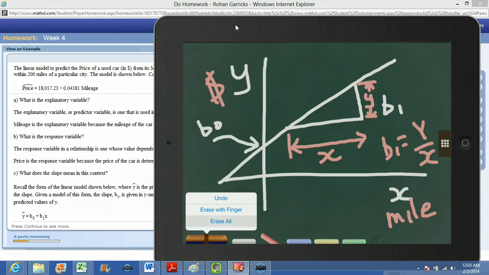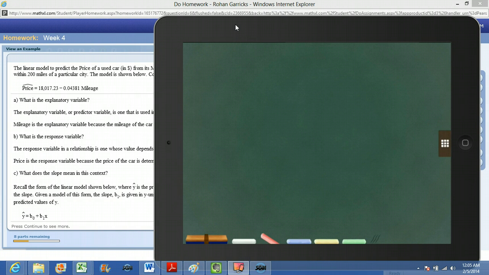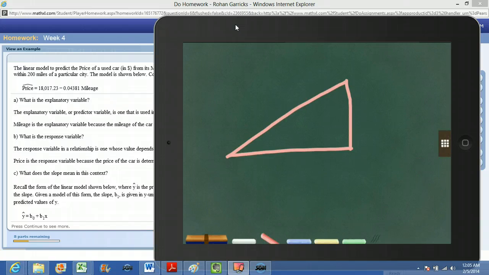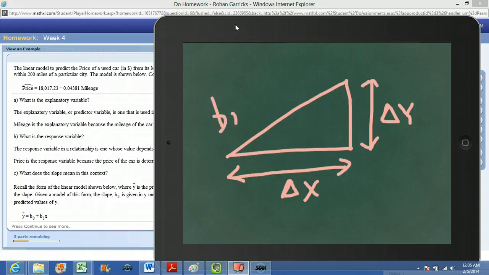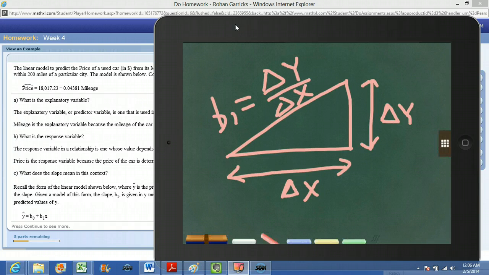It can become way more detailed, where they talk about this being the change in y and this being the change in x, and then the gradient, which is b1, by definition is equal to the change in y over the change in x. So what is this saying?